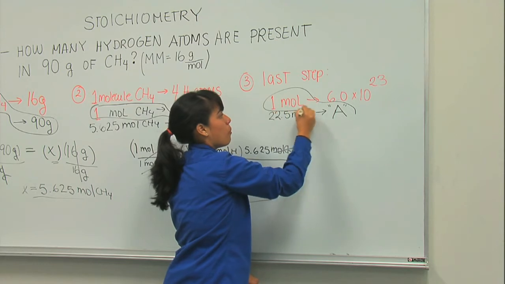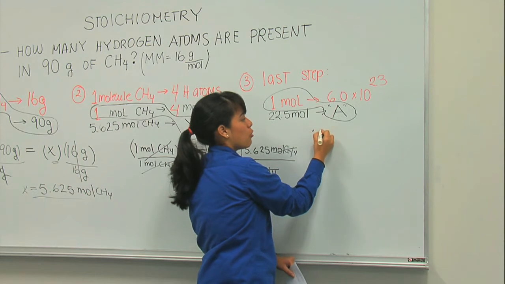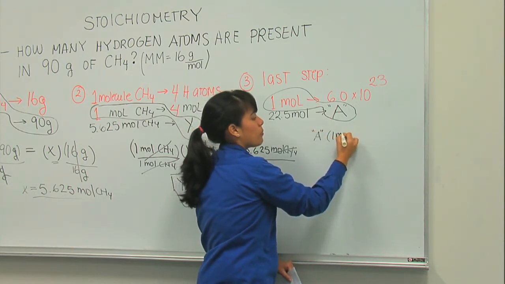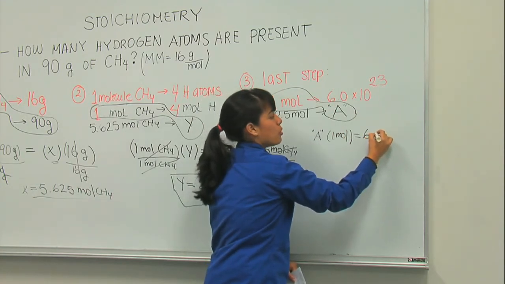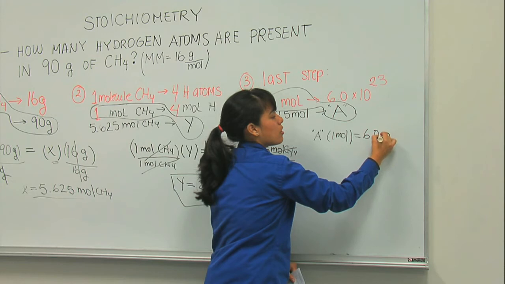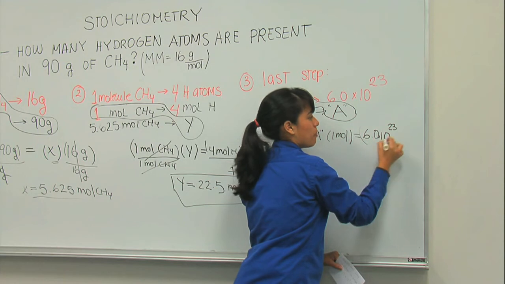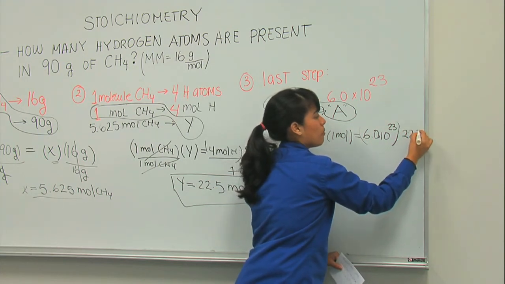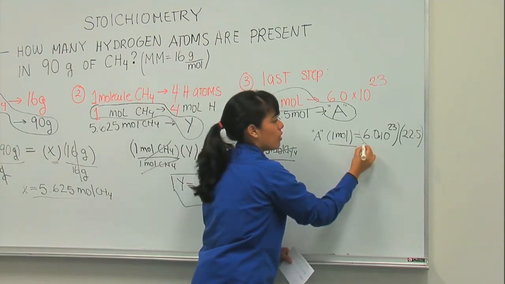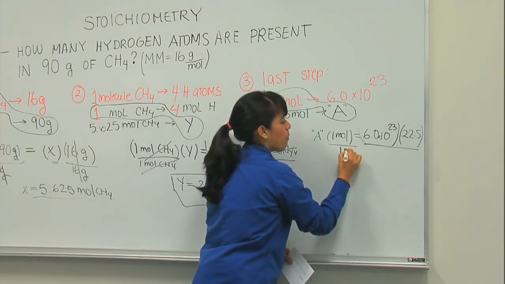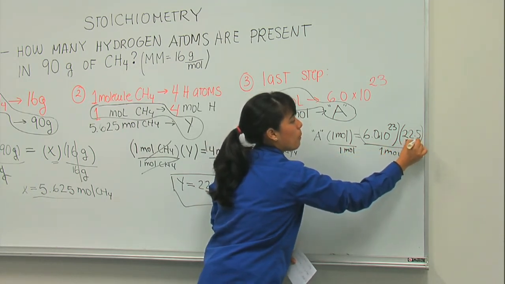Again, I do the cross multiplication. My variable, the answer, times 1 mole is equal to 6.02 times 10 to the 23 times 22.5, and obviously I have to divide by 1 mole, or divided by 1 here, and this is mole, right?